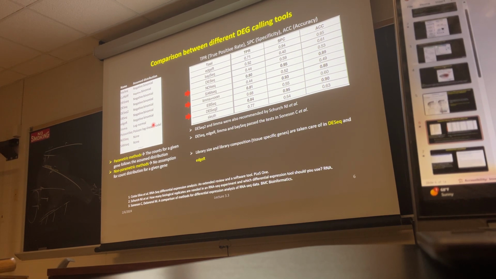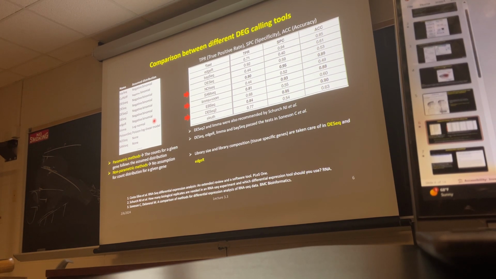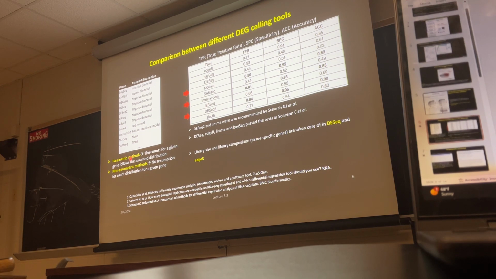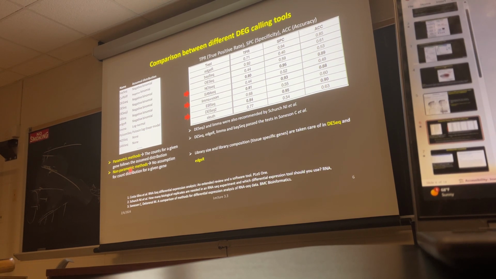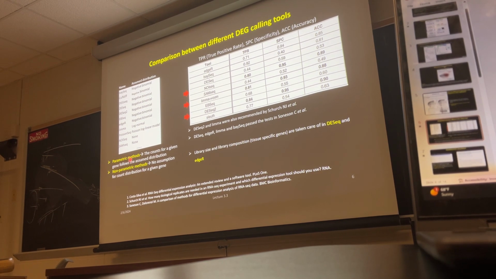One of the things you need to consider is that there are two different types of methods. One is the parametric method, one is the non-parametric. Non-parametric doesn't assume any distribution pattern in the data set, but all these parametric methods assume some type of distribution of the gene expression values.